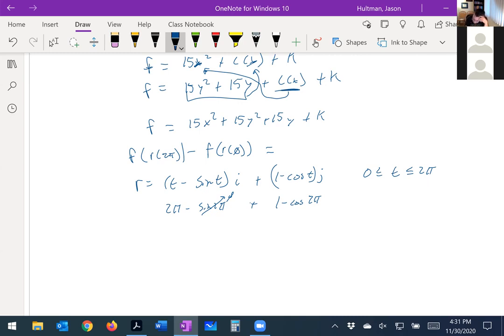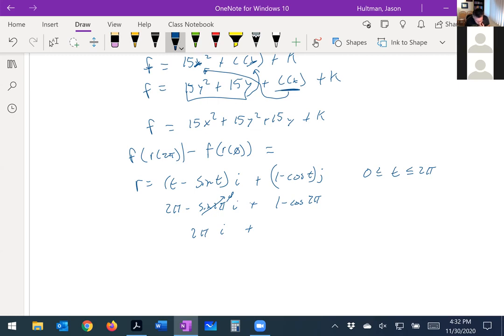Think about this for a second. So this is 2 pi i plus, this is the cosine of 2 pi. R of 2 pi is 2 pi and what?